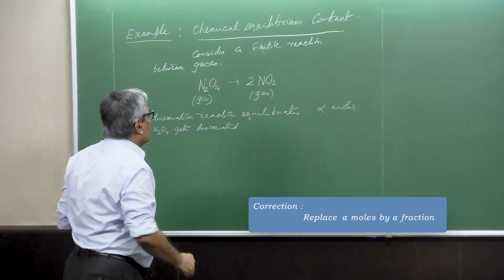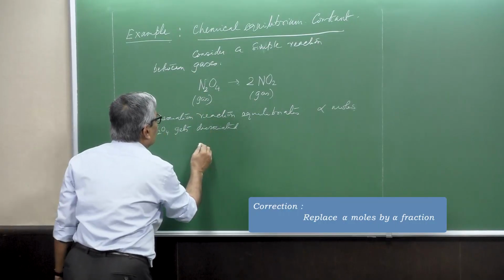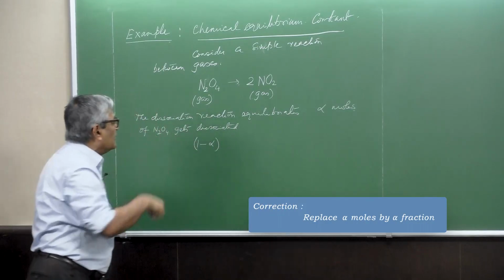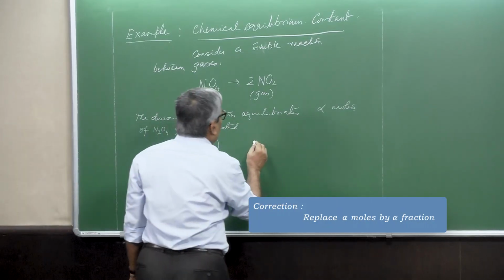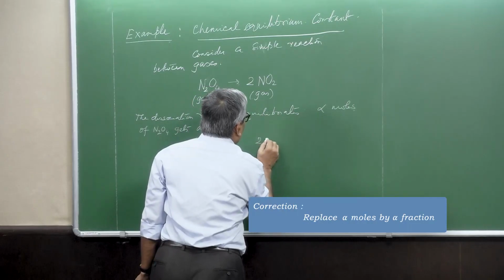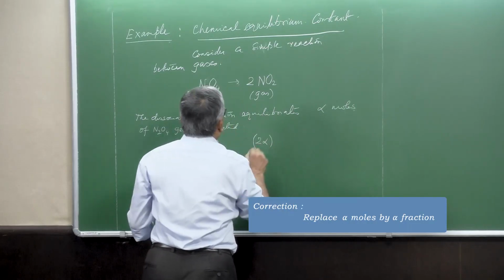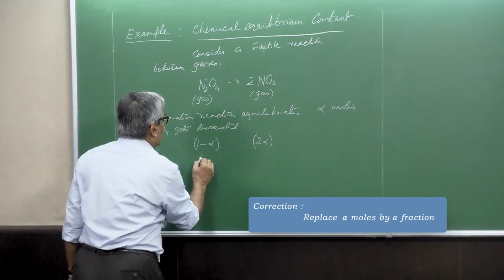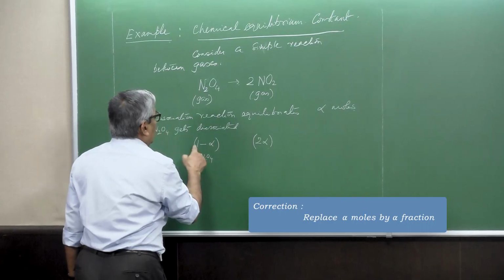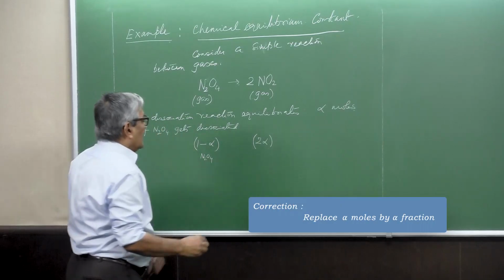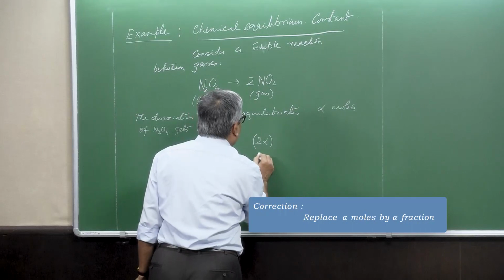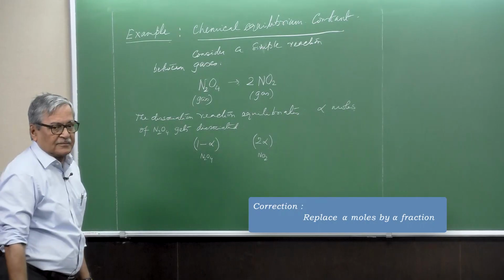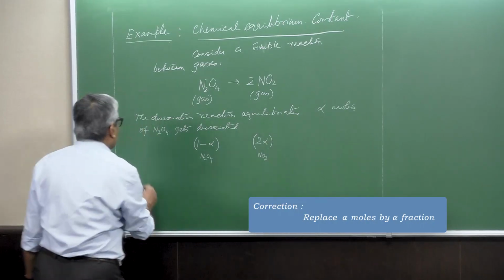So the remaining part is 1 minus alpha, and that gives me 2 alpha on this side. So for N2O4 I have 1 minus alpha, and for NO2 I have 2 alpha.